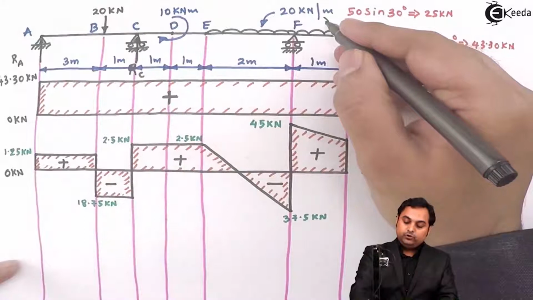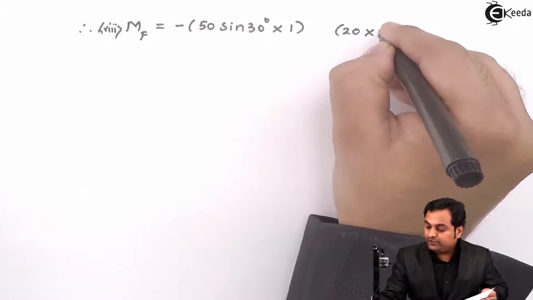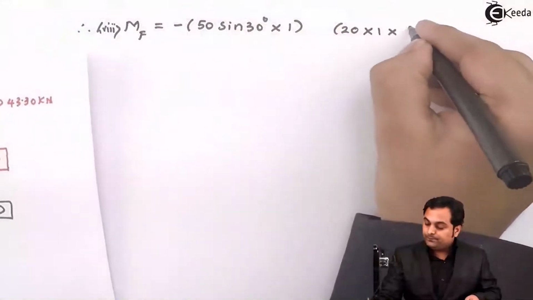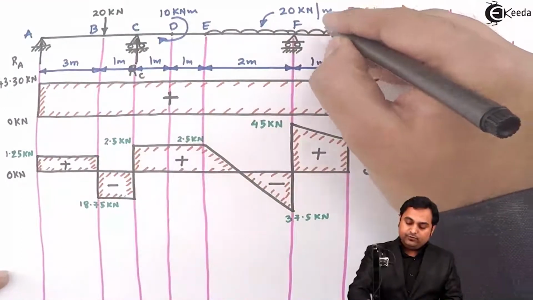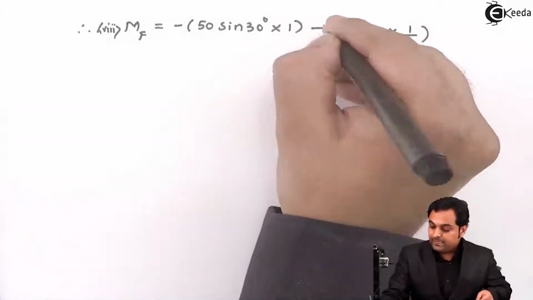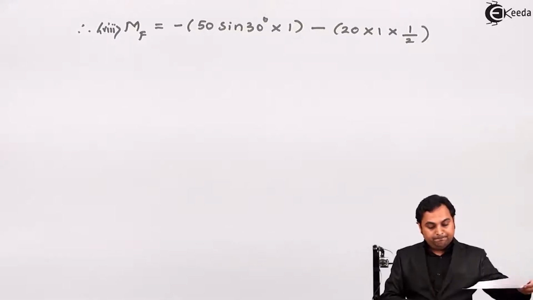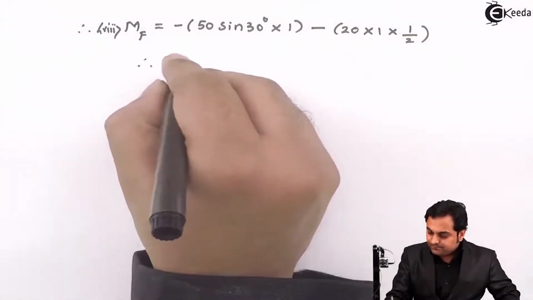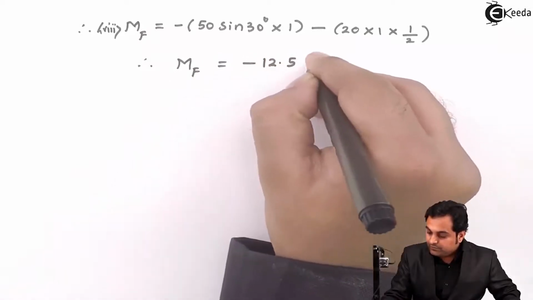So that will be 20 into 1, the UDL into length. So I've converted UDL into point load, and it will be acting at half of 1. Because of the UDL, the moment produced will be clockwise on right hand side, so again this will be negative. So here I will be getting the value as minus 12.5 kilonewton meter.